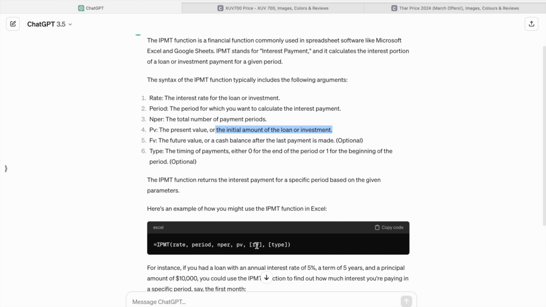Then we have FV, the future value, a cash balance after the last payment is made. This is optional. Then we have type, the timing of payments, either 0 for the end of the period or 1 for the beginning of the period. This is also optional.